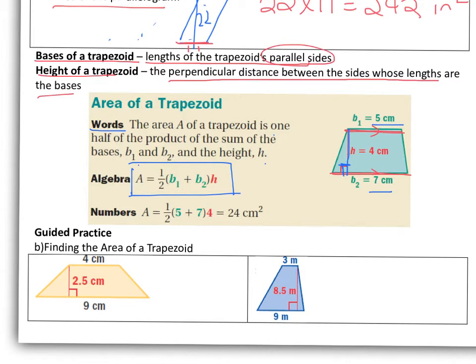All I have to do is substitute in base 1 and base 2 for 5 and 7. It does not matter which one you let be base 1 and 2. And then you will first add 5 plus 7 together to get 12, and then divide by 2 and multiply by 4 to get 24 centimeters squared.